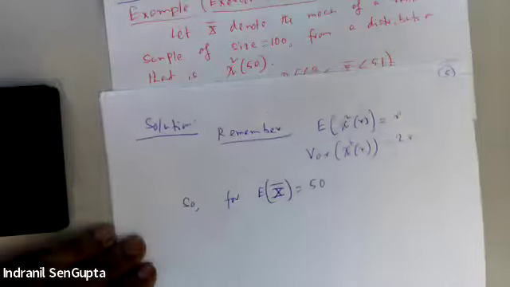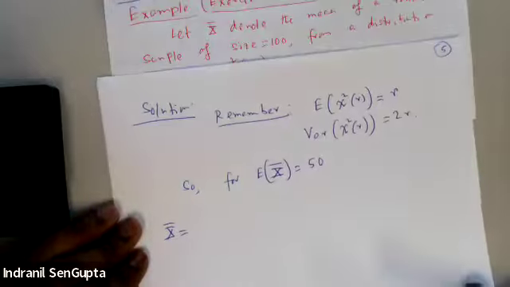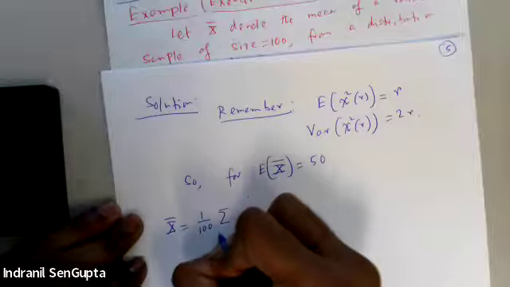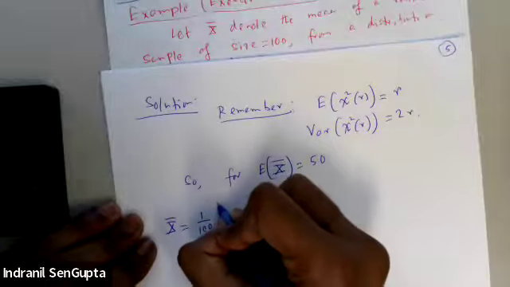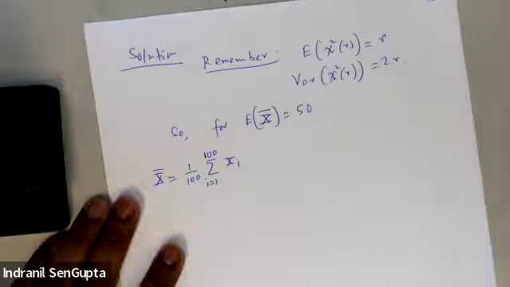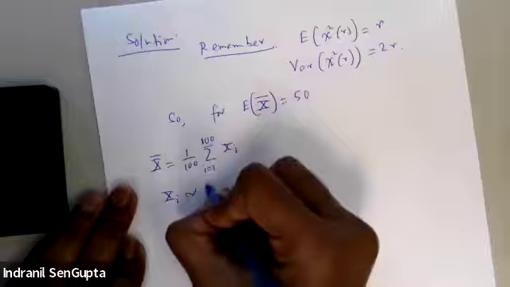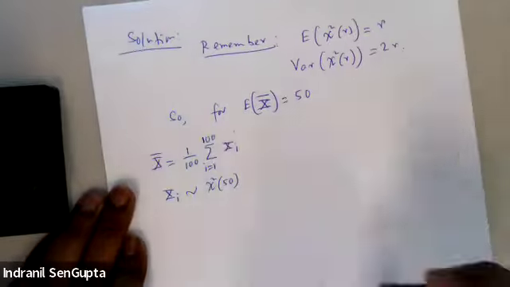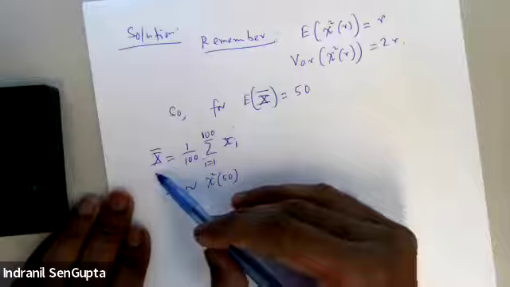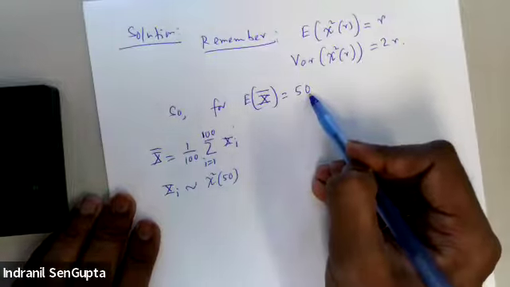What I really meant is x bar is from a random sample of size 100, so it's basically 1 over 100 summation i from 1 to 100 of xi, where the xi's follow chi-squared with degrees of freedom 50. This is very easy to show: if I take E of x bar, it's basically E of x1, and the expected value is 50.